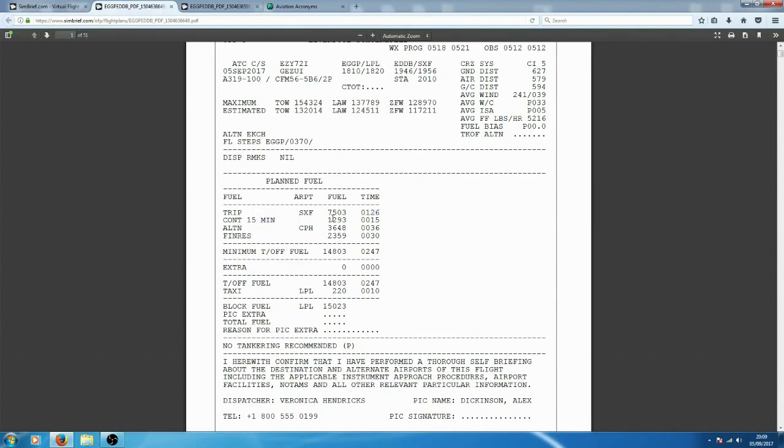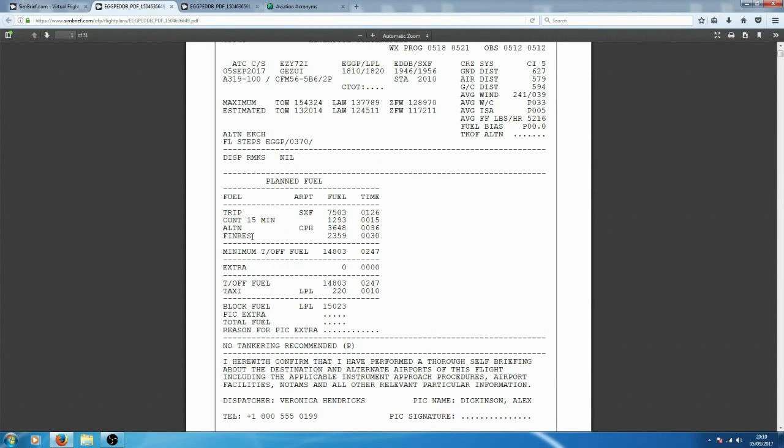Continuous 15-minute reserve, that's standard to put in, will be 15 minutes at 1,293 based on the weight for fuel burn. Alternate will be Copenhagen, and it will be 3,648. Am I saying this right? I don't think I am. 3,648 pounds worth of fuel lasting for 36 minutes.